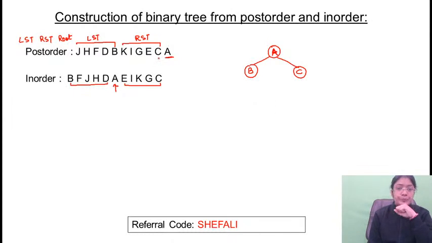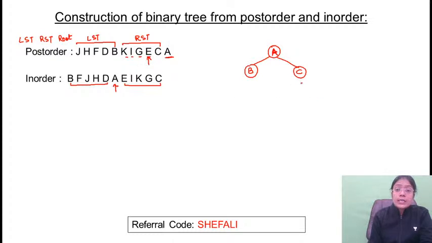Now, all the elements, how many elements will be present on the right side of C? Right side pe no element is present, so right subtree will be empty, and on the left side, all the remaining 4 elements are available, K, I, G, E. So among this, E is coming at the end, so this means that that will be the root element.